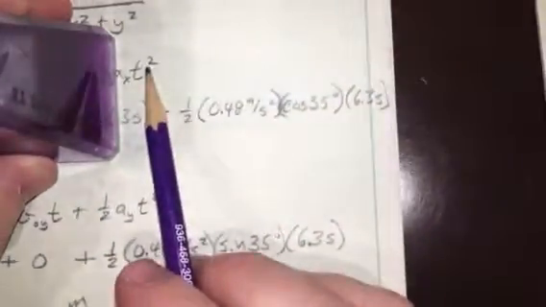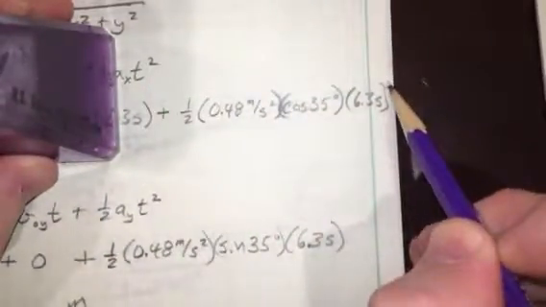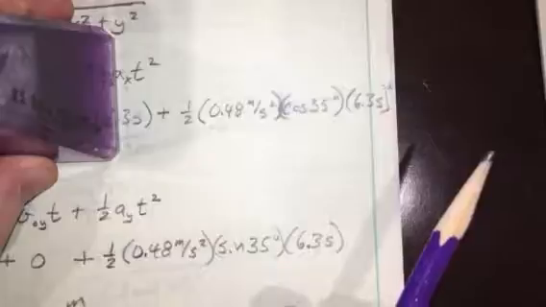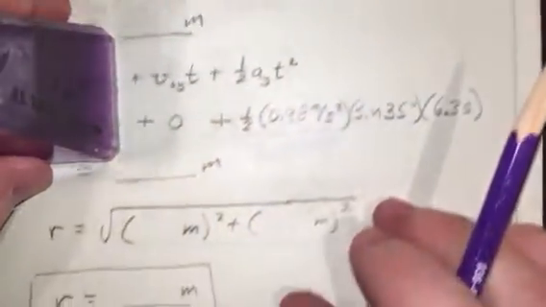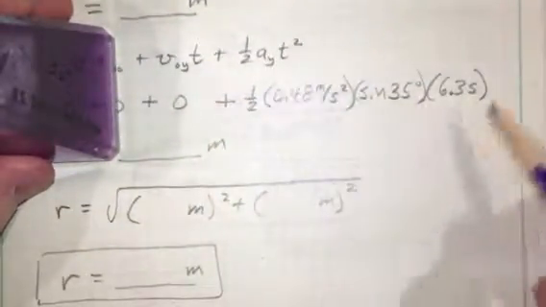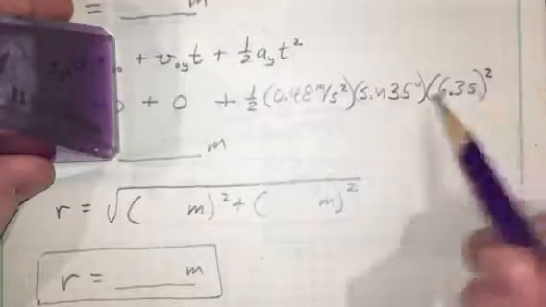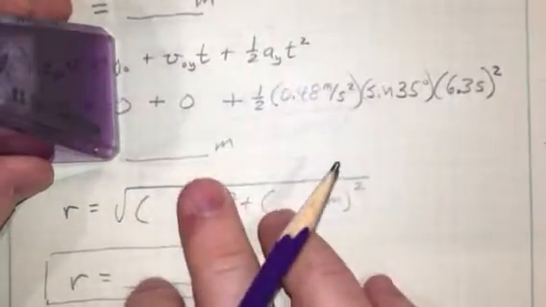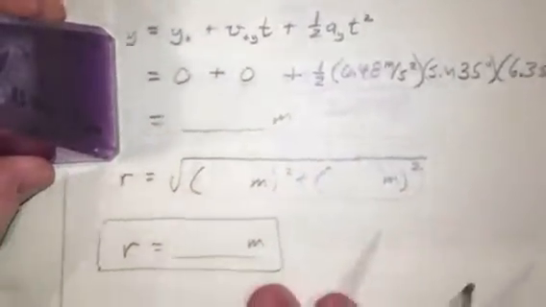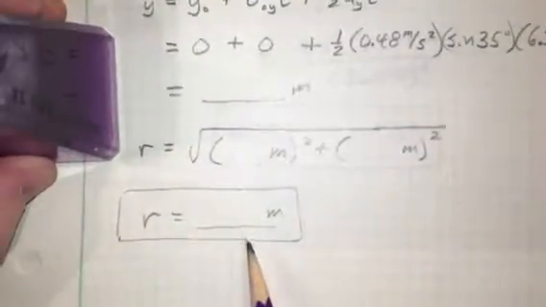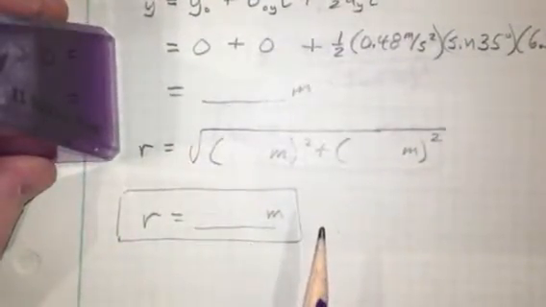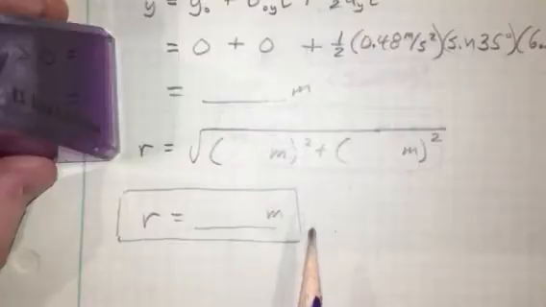So I have to remember the square when we do 6.3 seconds, and the same is true for this one, 6.3 seconds squared. All of this then gives me a unit of meters. I can then take the square root of x squared plus y squared to get the total distance traveled during the wind gust for this problem.